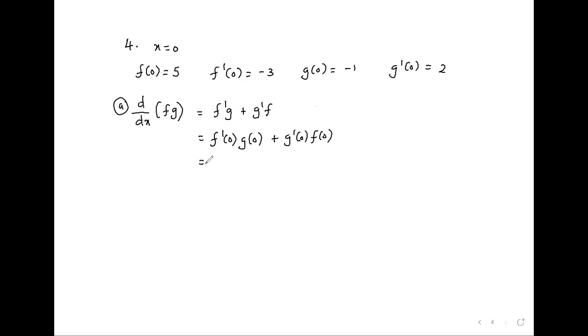We are given f prime of 0 to be negative 3, g of 0 to be minus 1, g prime of 0 to be 2, and f of 0 to be 5. So here g of 0 is supposed to be minus 1.